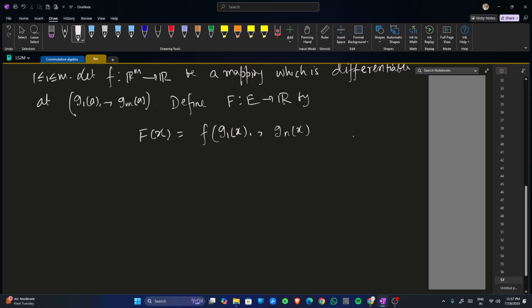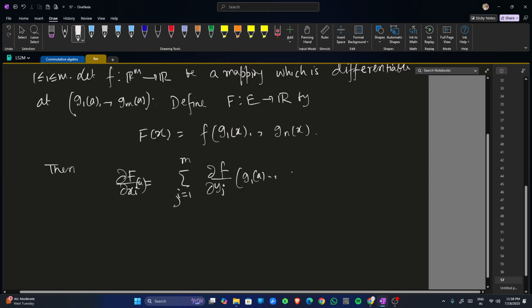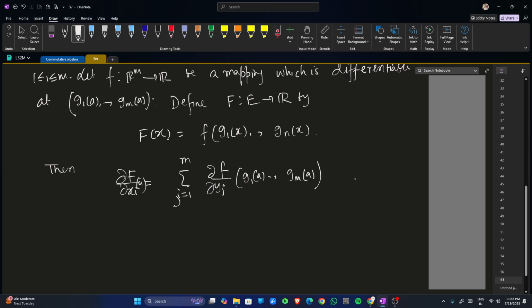Then del F del xi is the summation over j equal to 1 to m of del f del yj at the point g1(a), ..., gm(a), multiplied by del gj del xi applied at the point a.